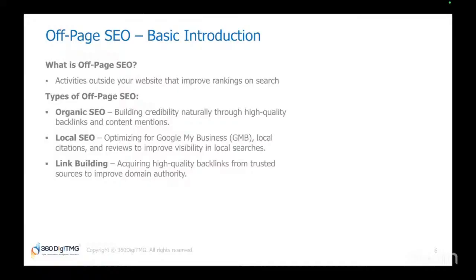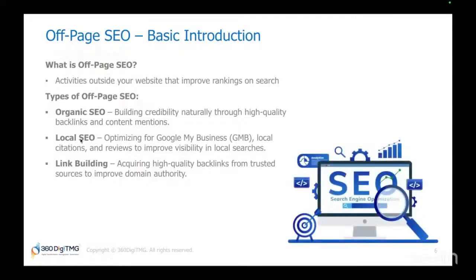In off page, what are the categories we have? One is organic SEO off page, another is local SEO off page, and link building. This link building contains a mix of local SEO and organic SEO backlinks. In local SEO, what type of links do we need to build? We need to build citations. Citations are nothing but local listings. You might have seen Quikr, Jobs, OLX.